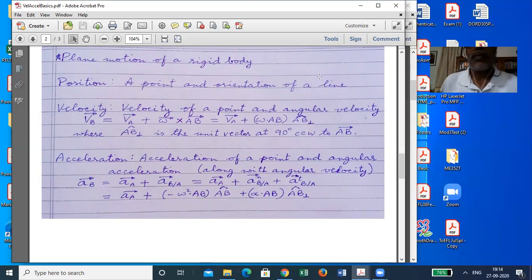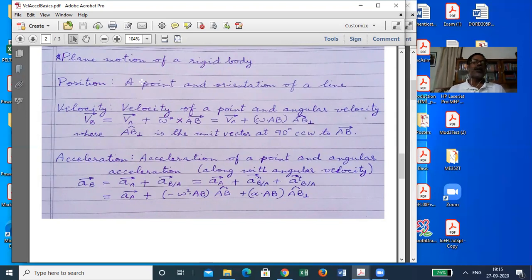So a similar condition will be there for velocities also. So that is why to tell the complete position rather than positioning 2 points, it is simpler and with no chance of conflict if you specify the location of one point, and rather than specifying the location of another point, you specify the orientation of one line.